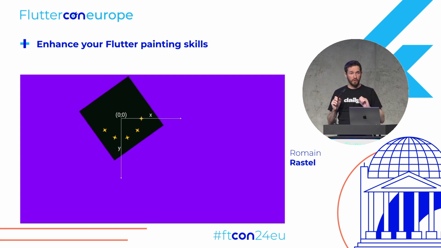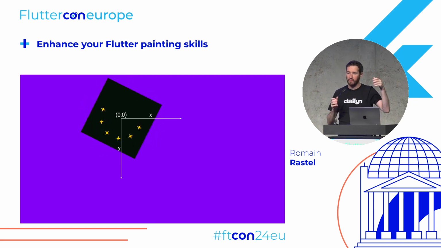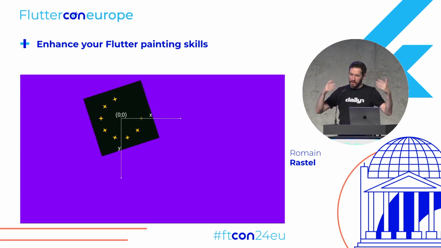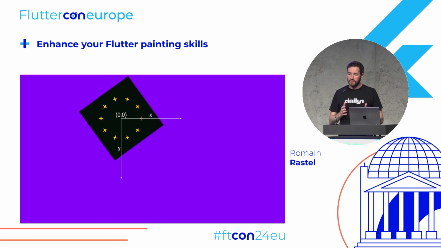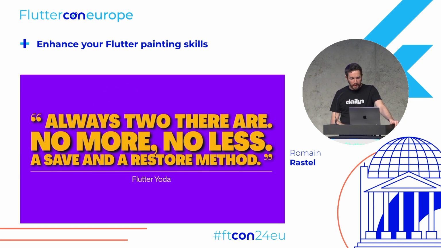After that, we draw another sparkle at the same offset as before. And then we rotate the canvas again, and we iterate until we reach the end of our sparkles. And after that, we just have to call the restore method so that it will go to the place it was before.